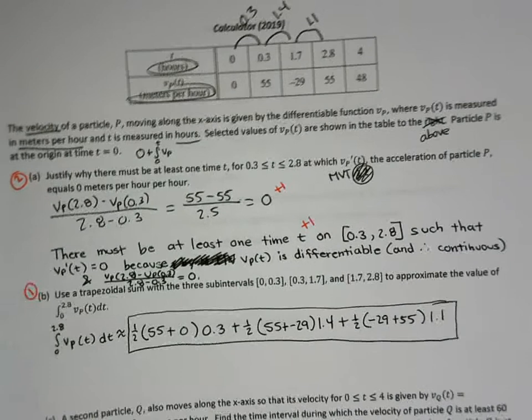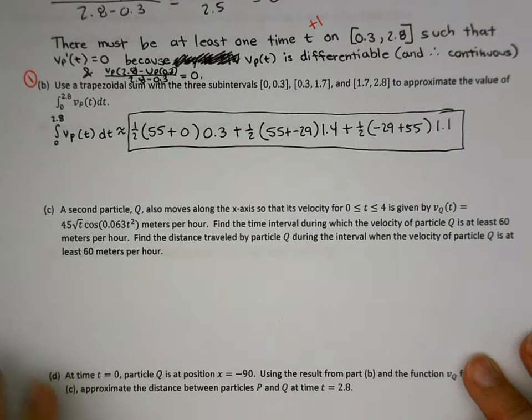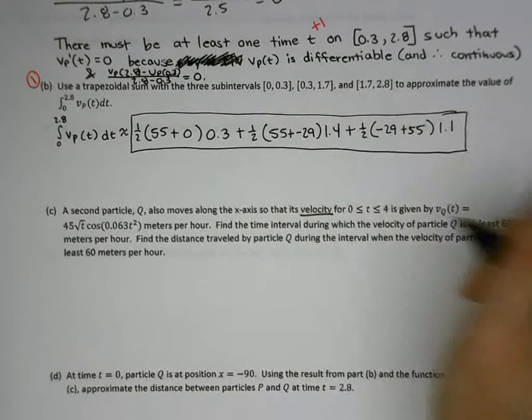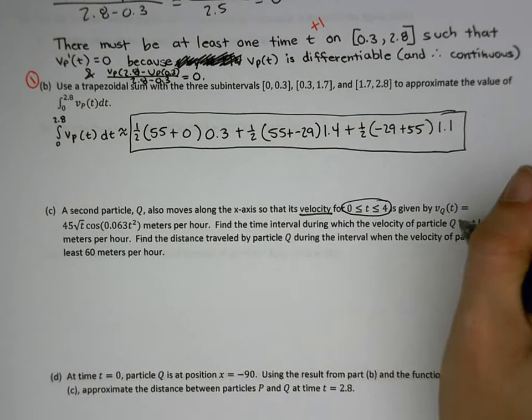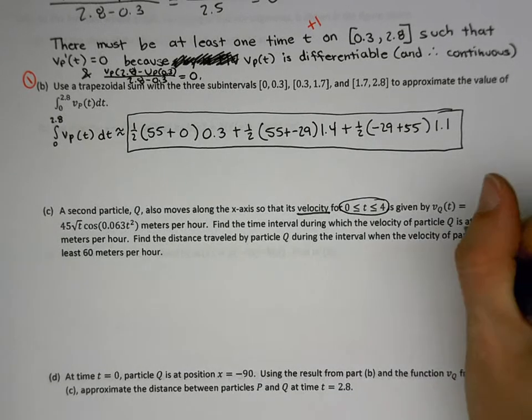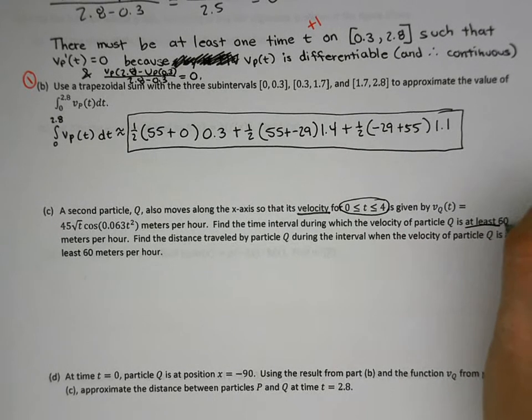Okay. C says a second particle, Q, also moves along the x-axis so that its velocity between 0 and 4 is given by this function here, meters per hour. Okay? Find the time interval during which the velocity of particle Q is at least 60. So we need to figure out where we are at least 60 meters per hour.